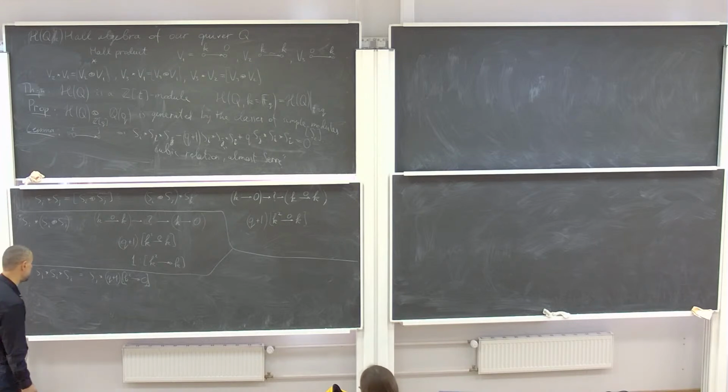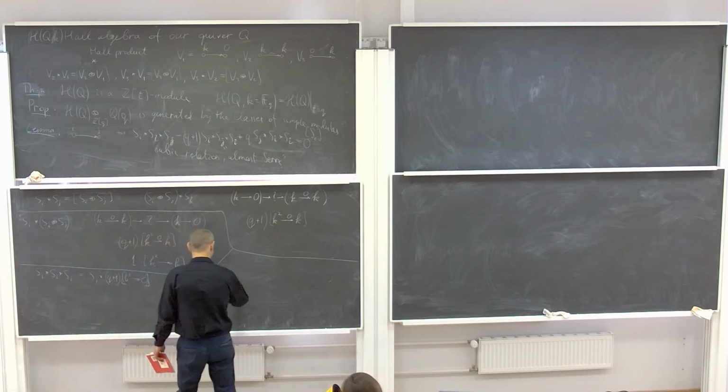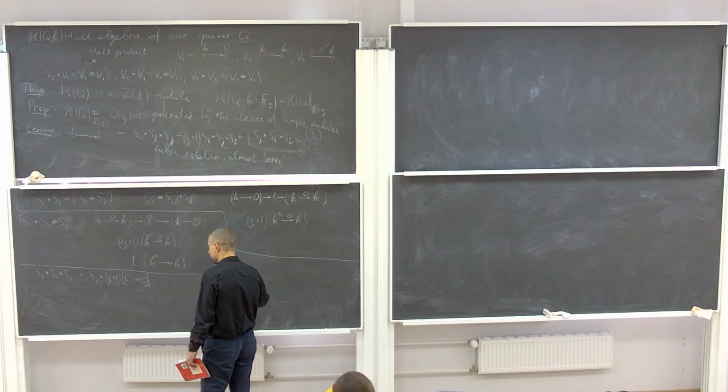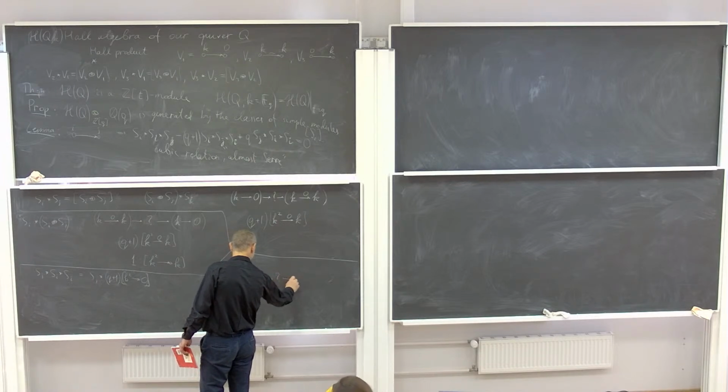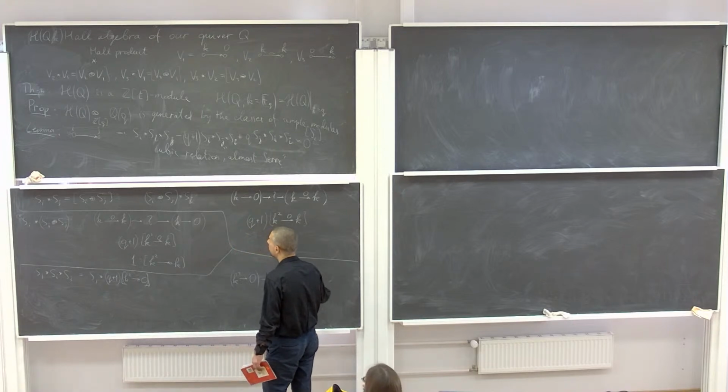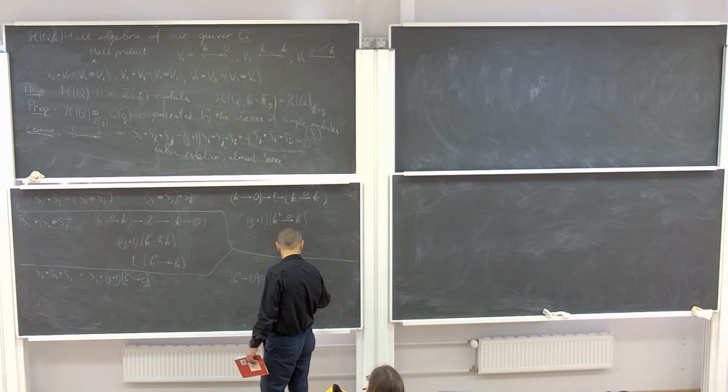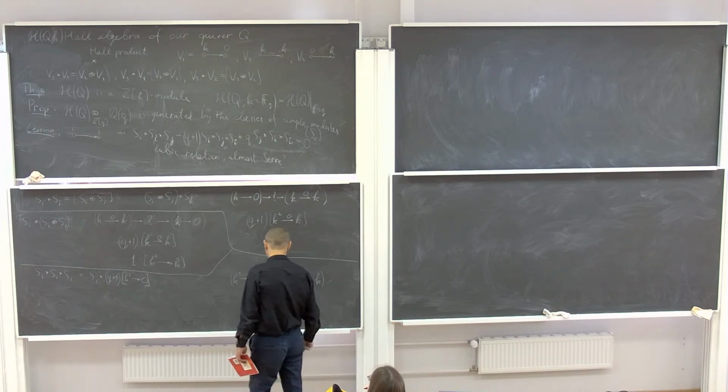And so we will have submodule k squared goes to 0, to something, to Sj, so 0 to k, right?